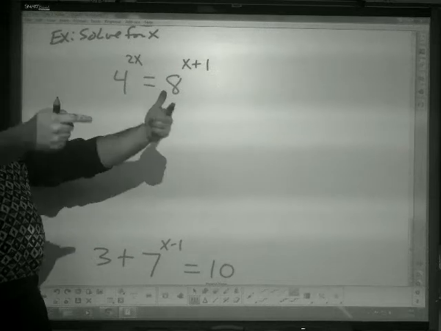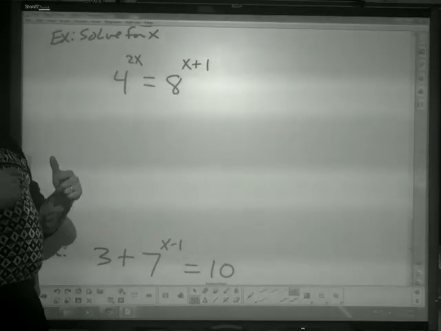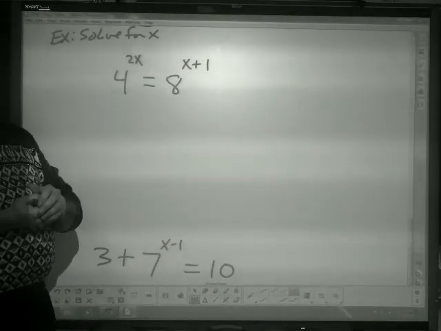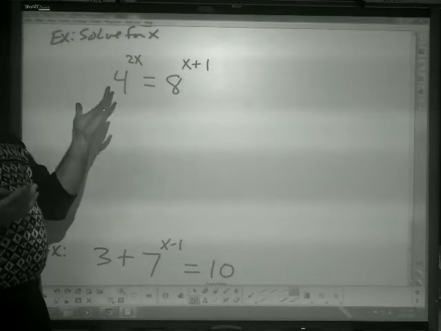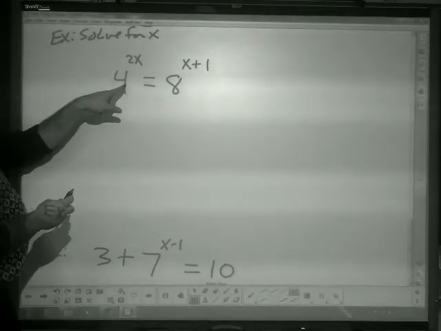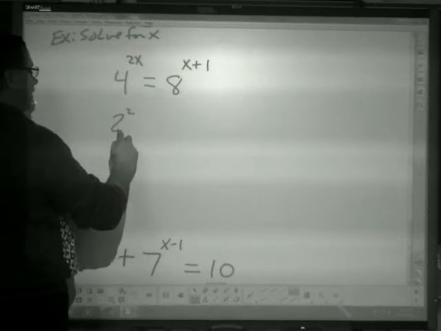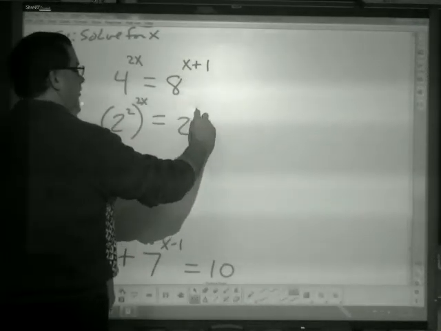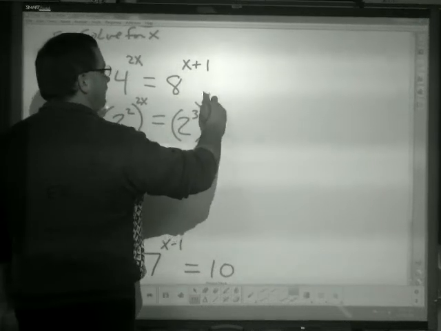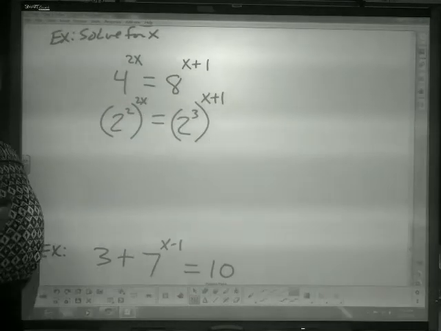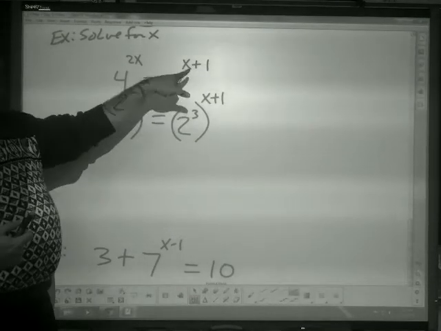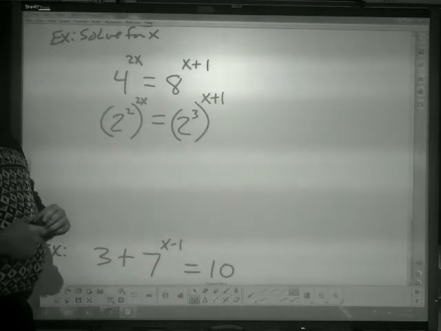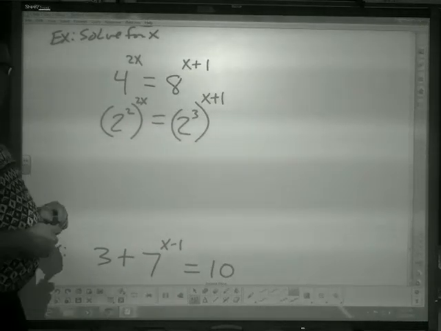No. So I have to think of a number smaller than 4 and 8 that they can be written as some power. And again, 2 will work here. So 4 is 2 squared to the 2x. 8 is 2 to the 3rd. So you're going to have to memorize and be familiar with the common powers that I put in the last video. So now what do we have?